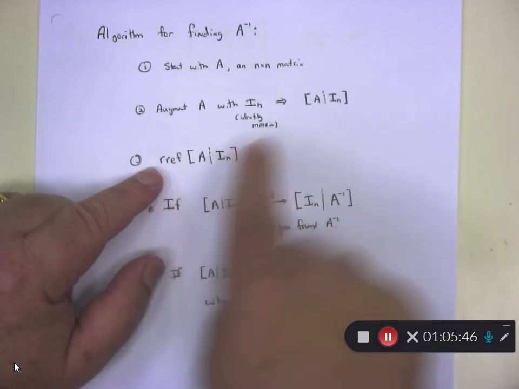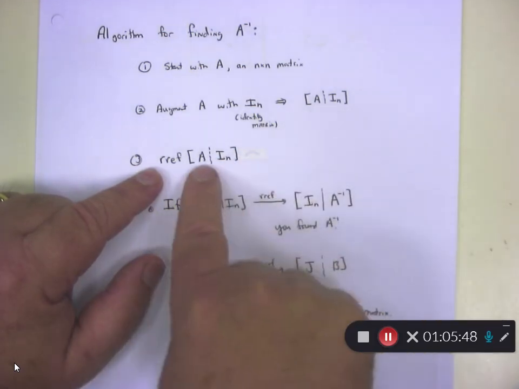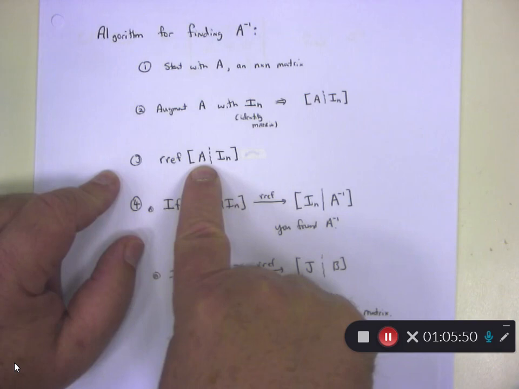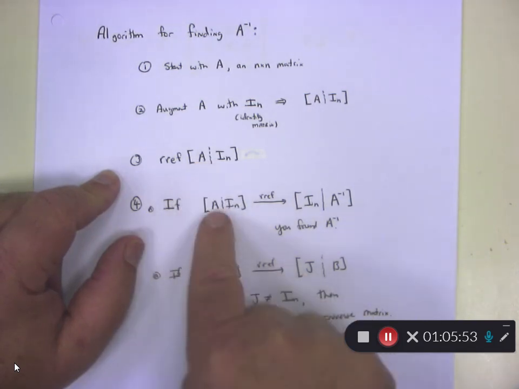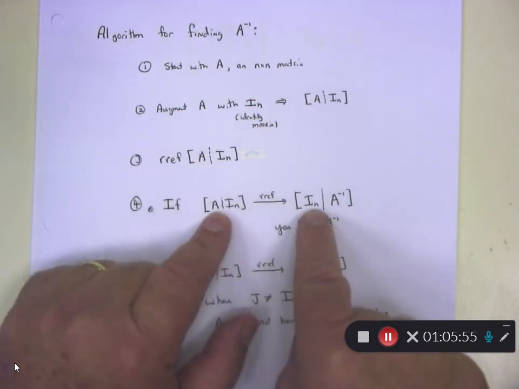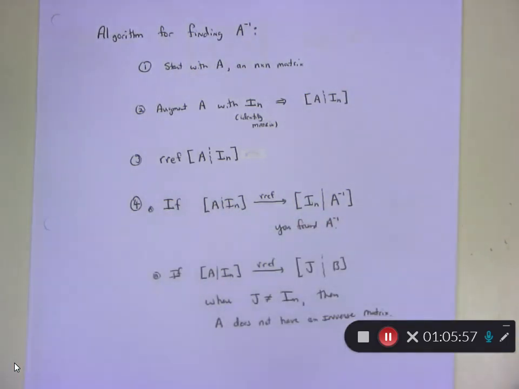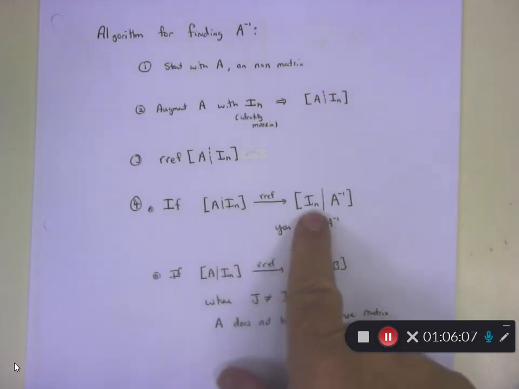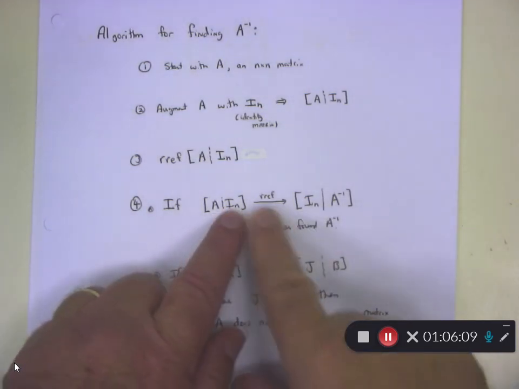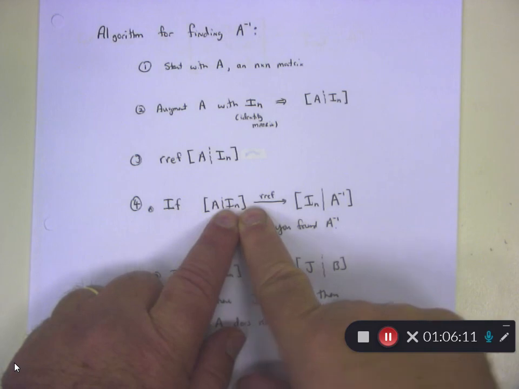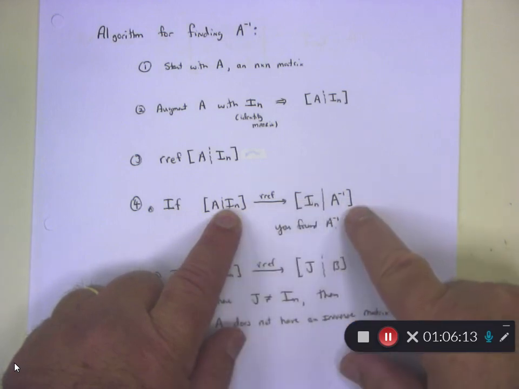If A is invertible, when you do reduced row echelon form, A is going to turn into the identity: 1, sweep down, 0's below it, then a 1, 0's below that, and then sweep up. A will end up turning into the identity. And the identity that was augmented to will actually turn into the inverse.